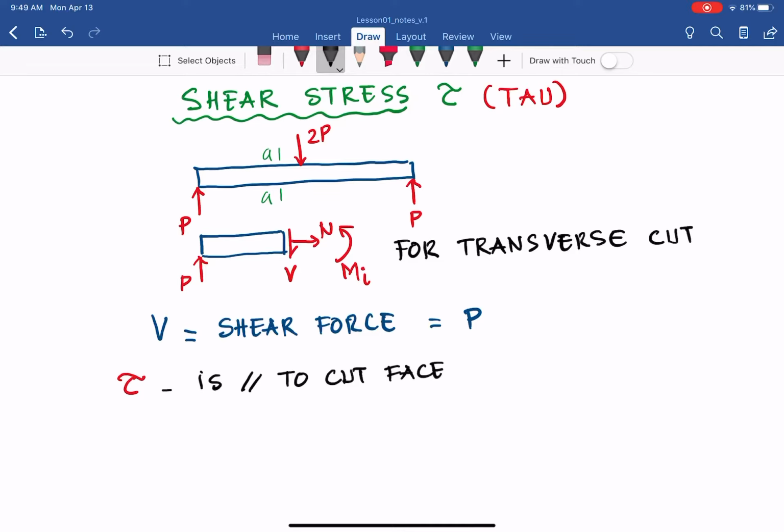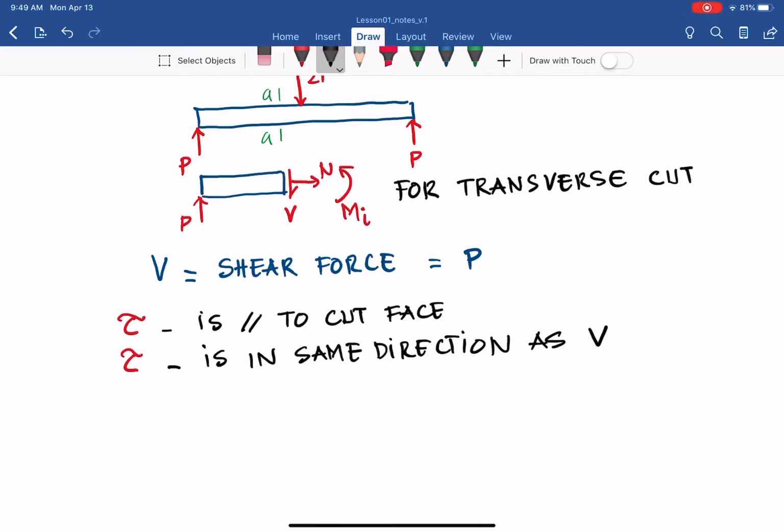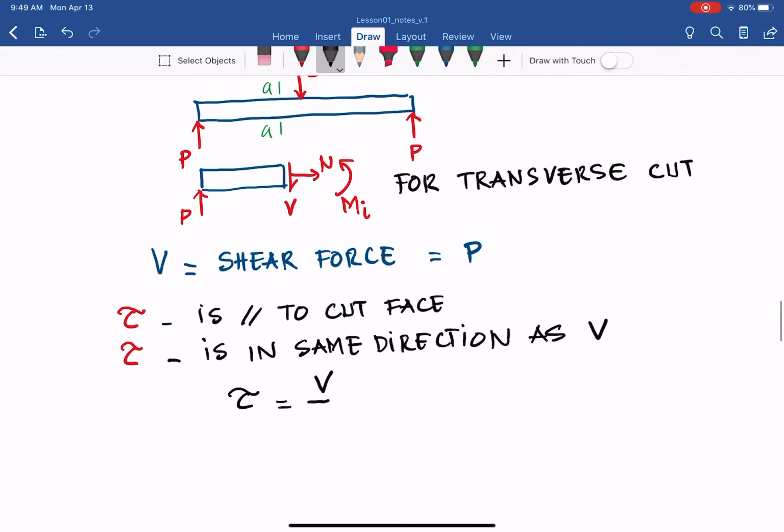Tau, shear stress, is parallel to the cut face, and it is also in the same direction as the shear force V. With the equation, tau equals the shear force divided by the area of the cut face, as we already defined.